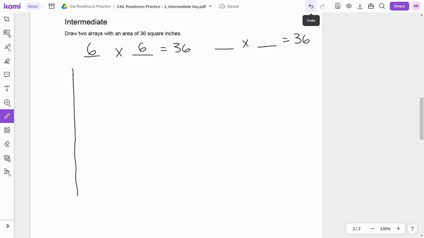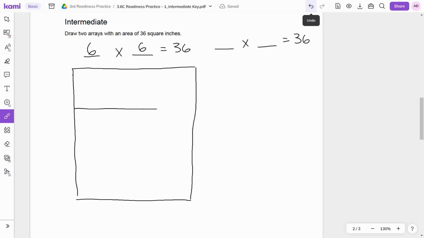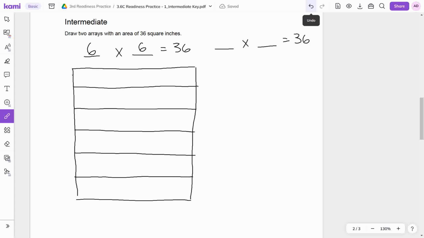And I always want to try to make it kind of even. What I find with sixths is if you take thirds and you cut each third in half, you get sixths. And that's just something I've learned from fractions. So I've got my thirds, so I've got my 6 rows.